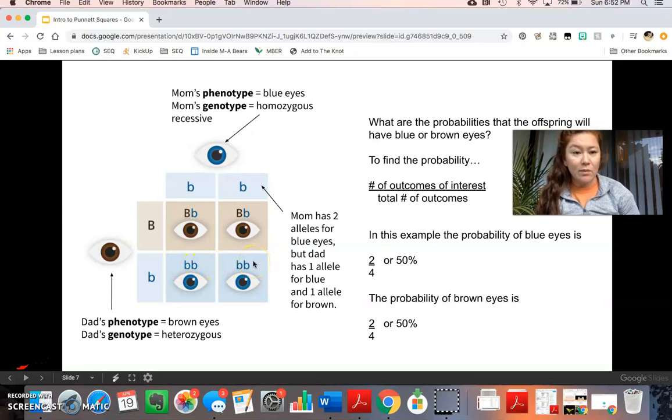But if they were asking what is the probability of an offspring with homozygous dominant brown eyes, the answer would be 0% because there aren't any outcomes that have two uppercase B's. So you have to think, what is this question asking me? Is the question asking me about the phenotypes, or is this question asking me about the genotypes? Because those might not always be the same answer.